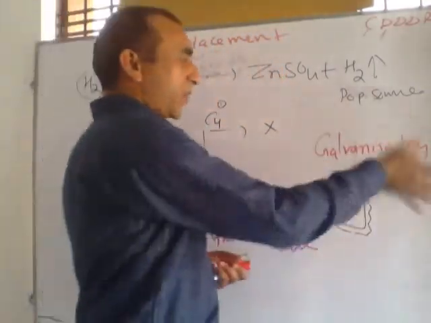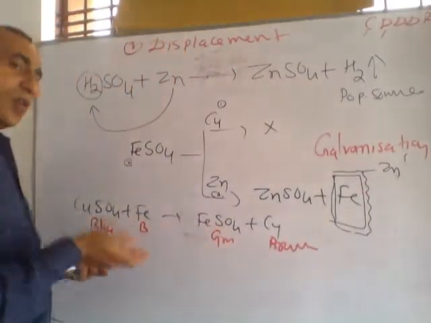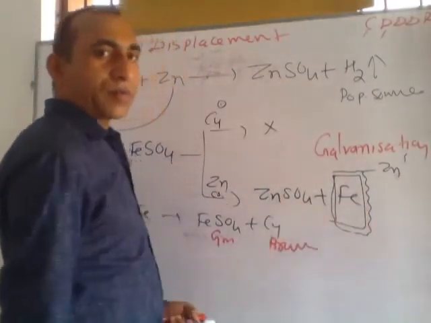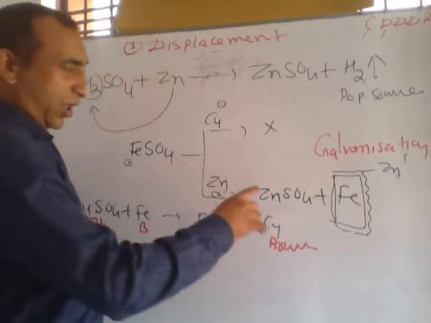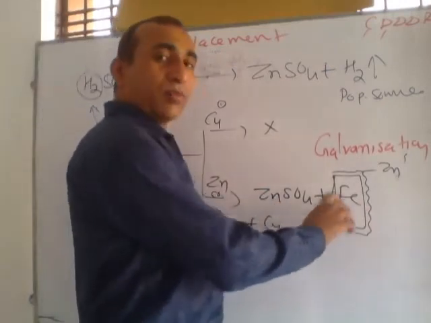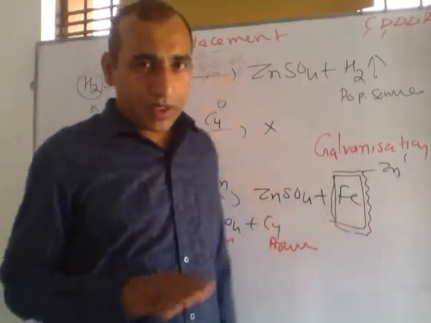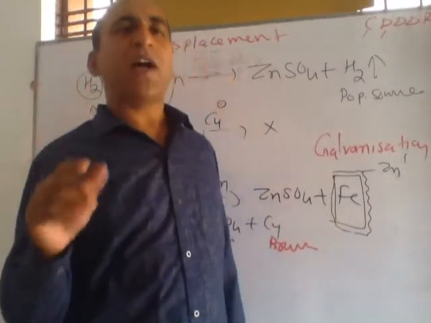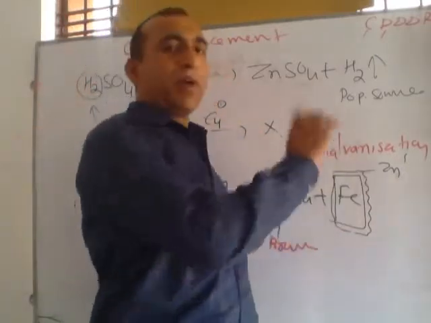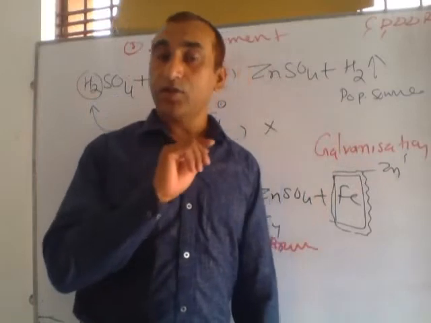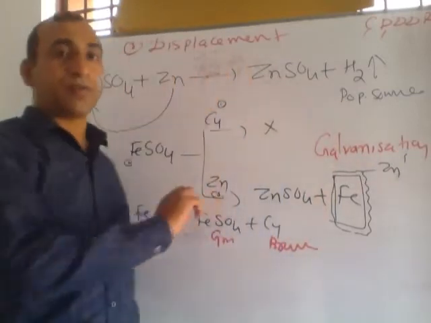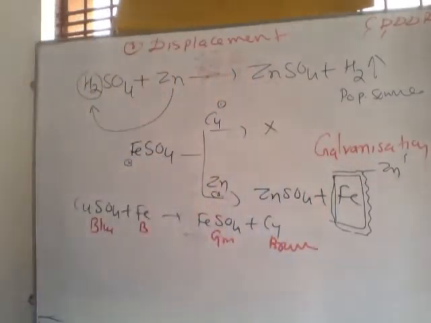So zinc corrodes by sacrifice and protects iron. If we want to protect iron from corrosion, we form a layer of zinc metal around the iron surface. The process is called galvanization, due to the higher reactivity of zinc than iron.